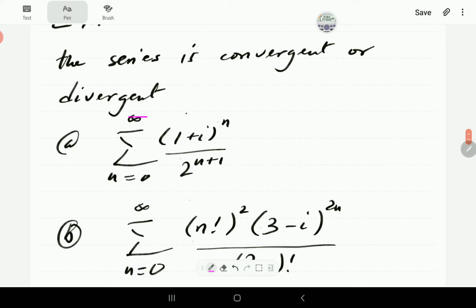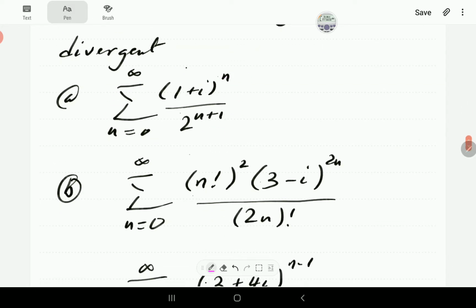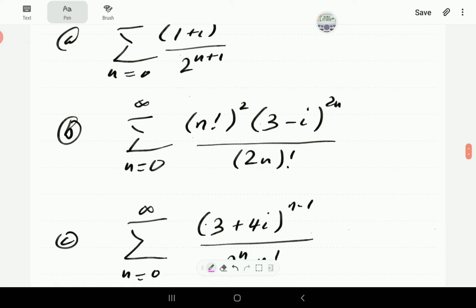So suppose we've got this example here. We've got the summation of (1 plus i) to the power n over 2 to the power n plus 1, n going from 0 to infinity.